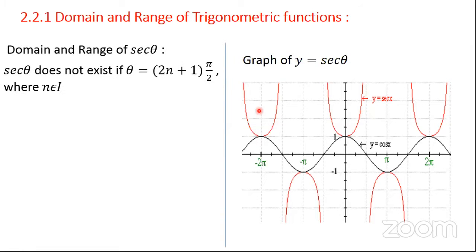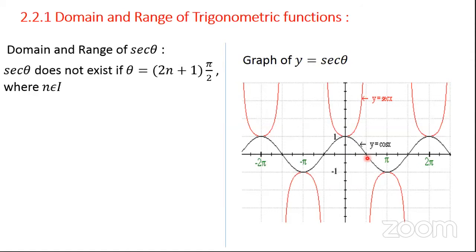Next is the domain and range for the secant function. Now see the graph of cos, which is given by the black line. Sec theta does not exist if theta is equal to (2n+1) times pi by 2. Sec theta means 1 upon cos theta, and cos 90 we know is 0.